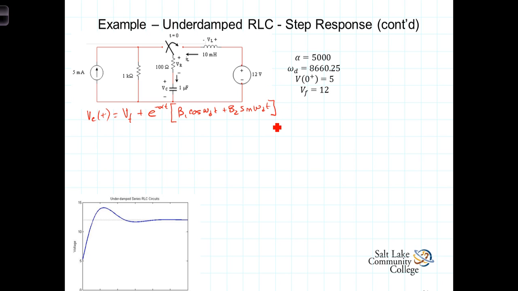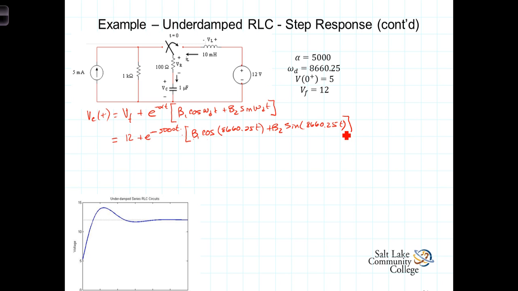Plugging in those values that we know, we get that V final is 12 volts plus e to the minus 5,000 t times b1 cosine of 8660.25 t plus b2 sine of 8660.25 t.